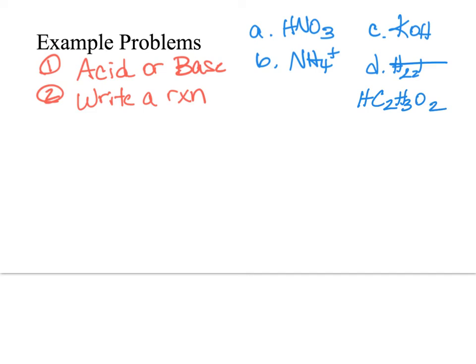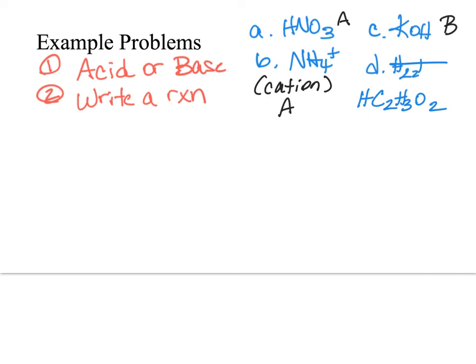Okay, so first, HNO3, this is an acid. This is nitric acid. And I know that from just referencing my list. Letter B, NH4. You're shown that NH3 is the base. NH4, and we'll see this is true for other positively charged or cation compounds, they are acids. Letter C, potassium hydroxide is a base.